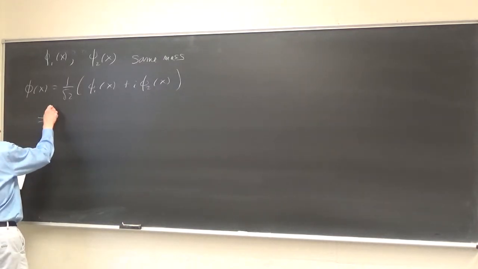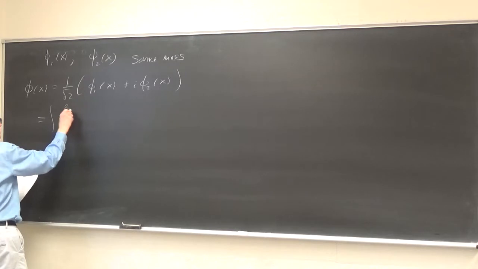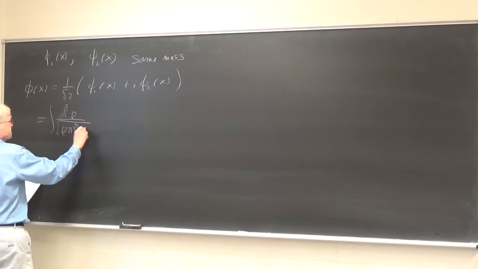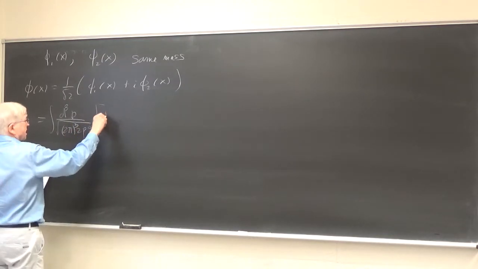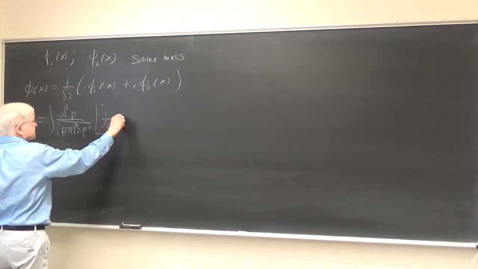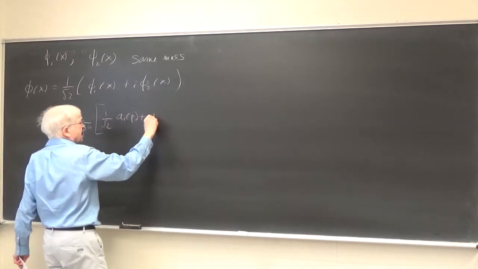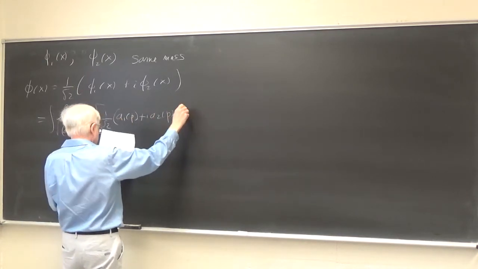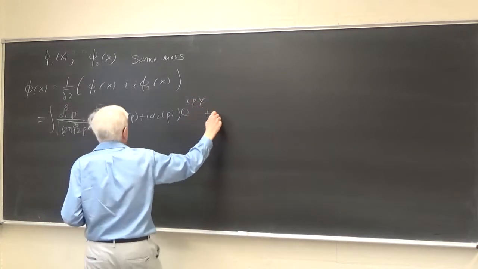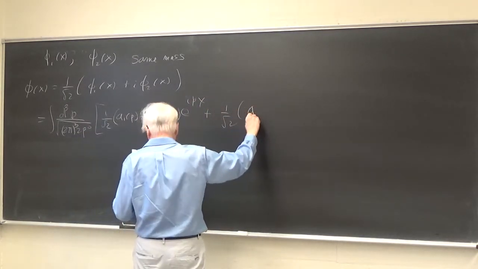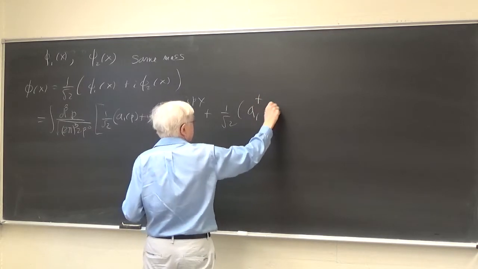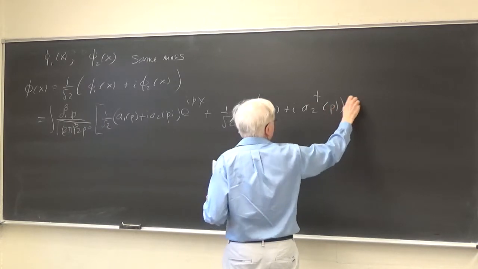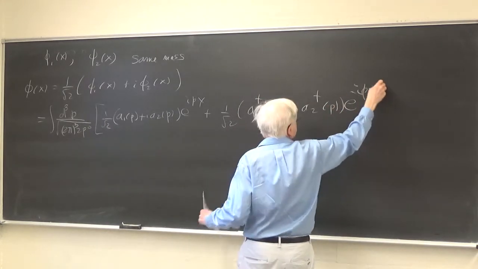And so this is an integral dq(p) over (2 pi)^3 2p0, 1 over root 2, then it's a1 of p plus i a2 of p e to the i px plus 1 over root 2, a1 dagger of p plus i a2 dagger of p e to the minus i px.